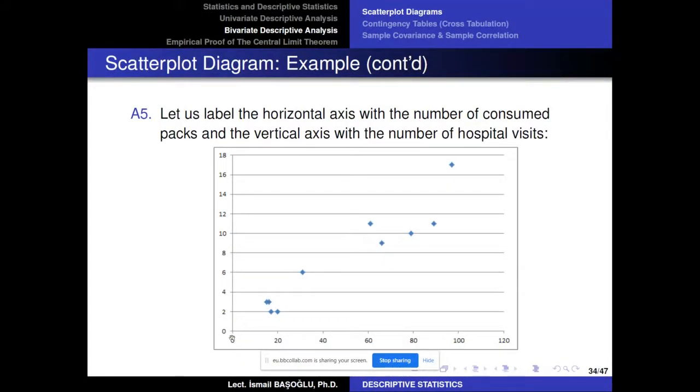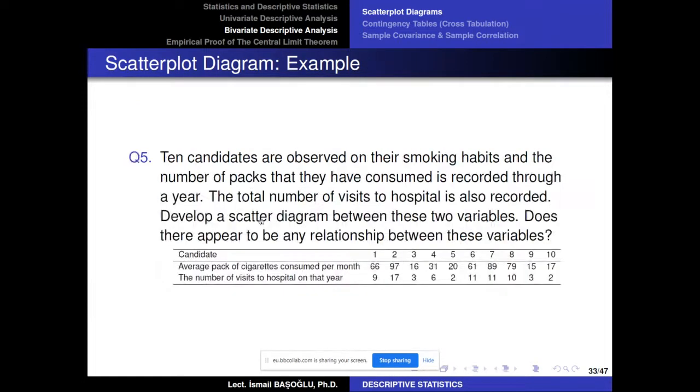Over the horizontal axis, we see the number of packages of cigarettes that these members of the sample have consumed, and on the vertical axis, we observe the number of visits to the hospital for these members. So let's just check the first member.